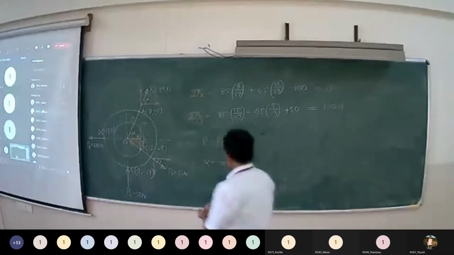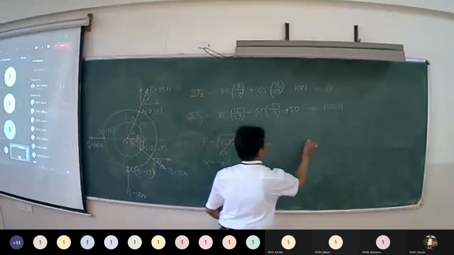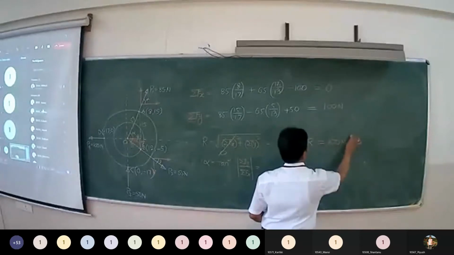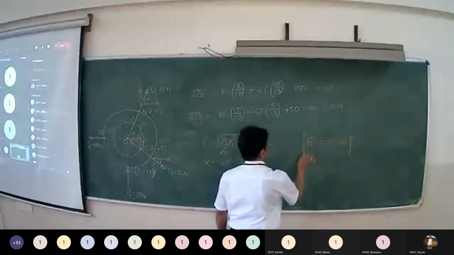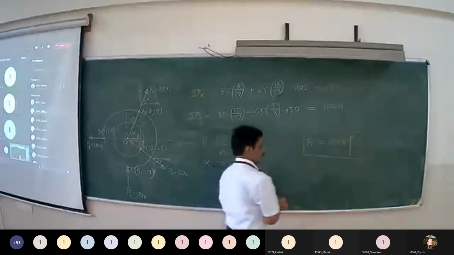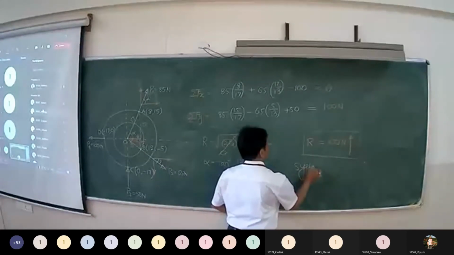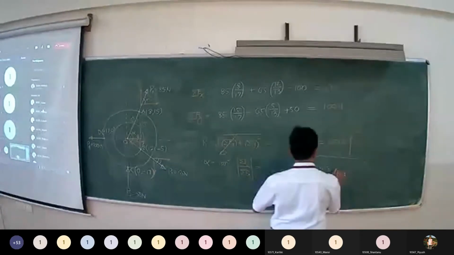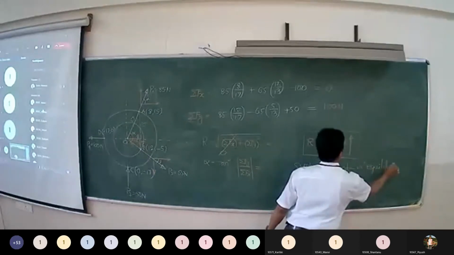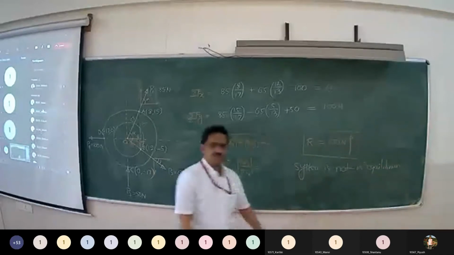Yes, how much? 100. Right. So being summation Fx is 0, you have the magnitude of the resultant as 100 Newton, direction is vertical, sense is upwards. So as the resultant is not equal to 0, you can say that the system is not in equilibrium. Right?